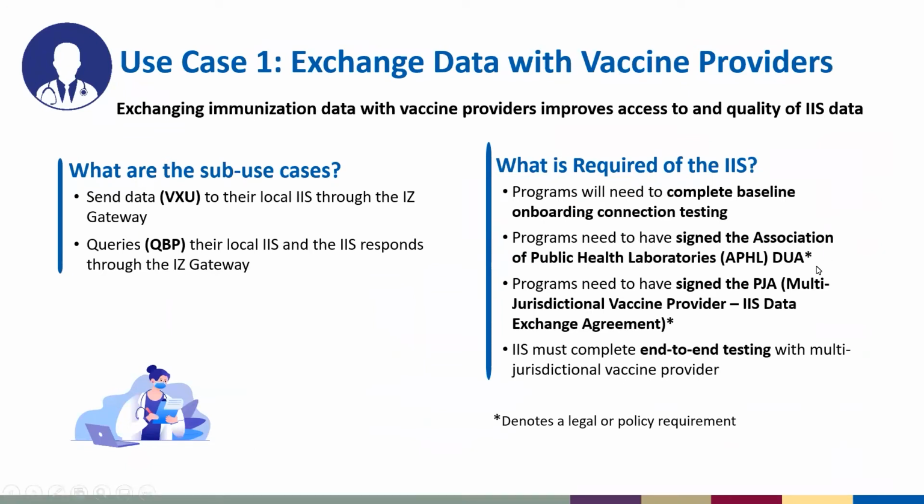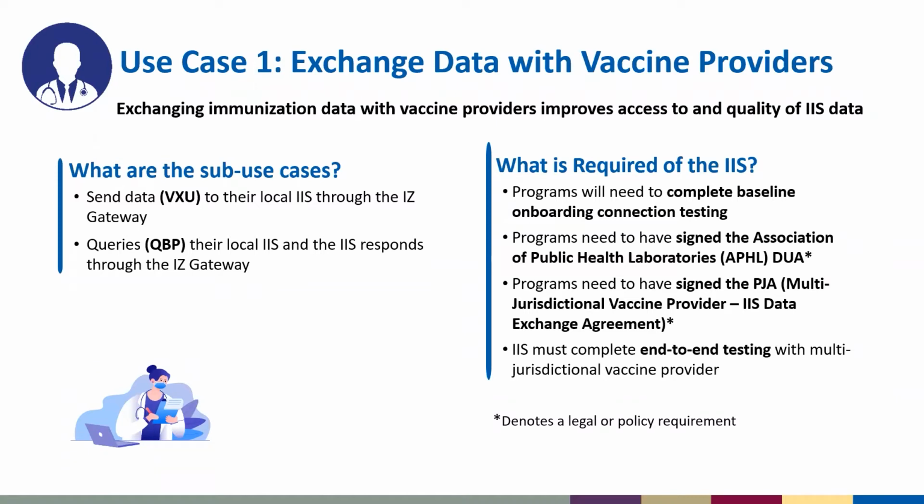So again, use case one, data exchange with vaccine providers. Again, there are VXUs and QBPs that are sent and requested. But what I want to highlight on this slide is really bullets 2 and 3 on the right-hand side, and that's the legal agreements. The baseline agreement is the APHL DUA, and all jurisdictions must sign that in order to participate and exchange data over the IZ Gateway.